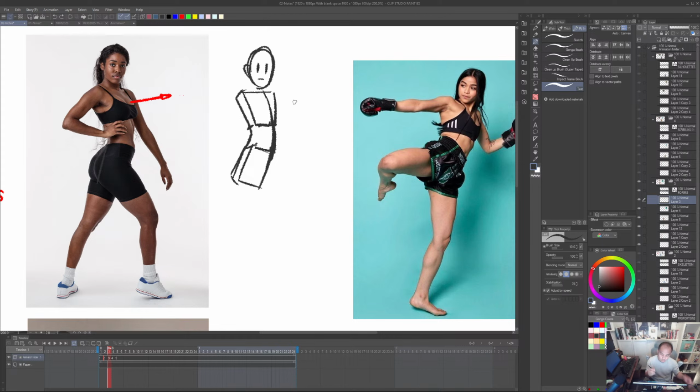Now we are establishing the front plane and side planes. Right?